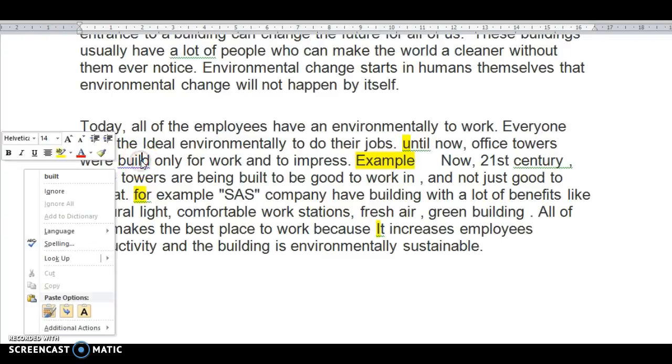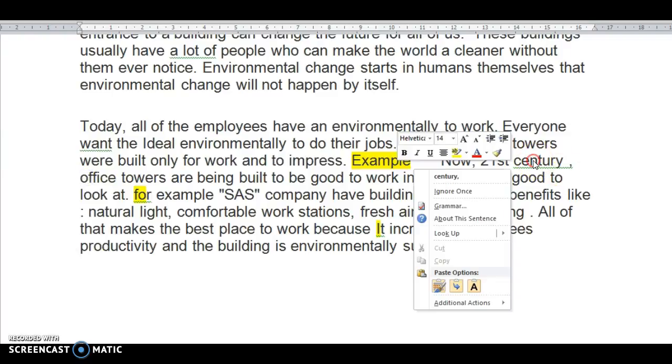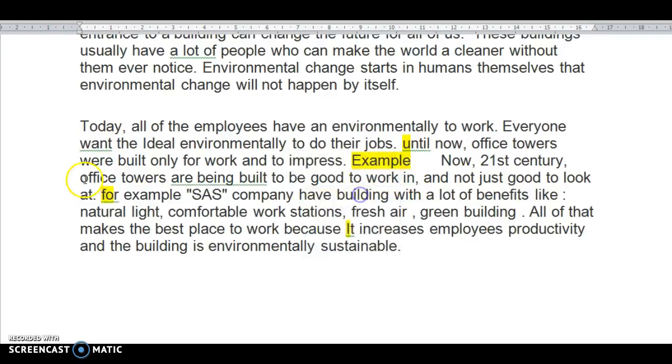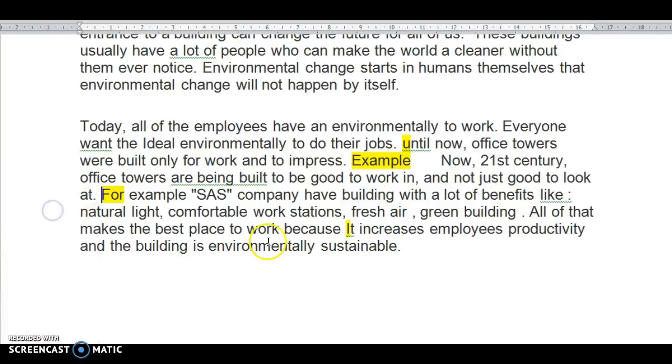Here were a word mistake. Built here shows me there's some kind of format. Here, again, it shows me there's a mistake here that I need a capital letter.